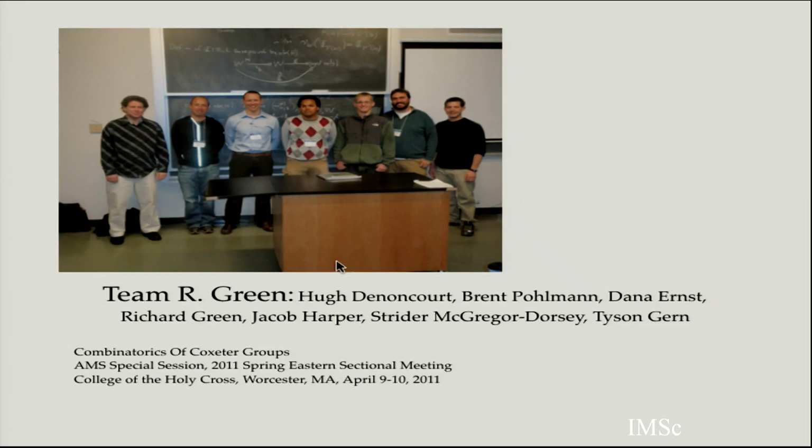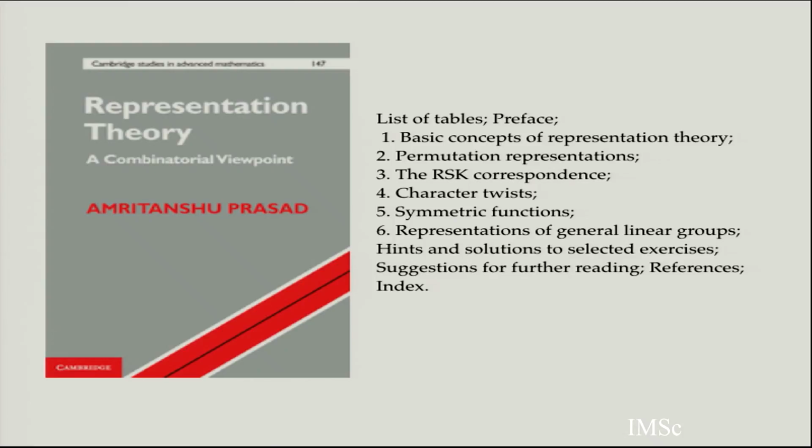And this is Richard Green, with all this team of students who have made a lot. They made thesis papers on this subject using heaps for representations of Kac-Moody algebras. There is a lot of combinatorics in representation theory, and Cambridge University Press publishes many books on combinatorics of representation theory.